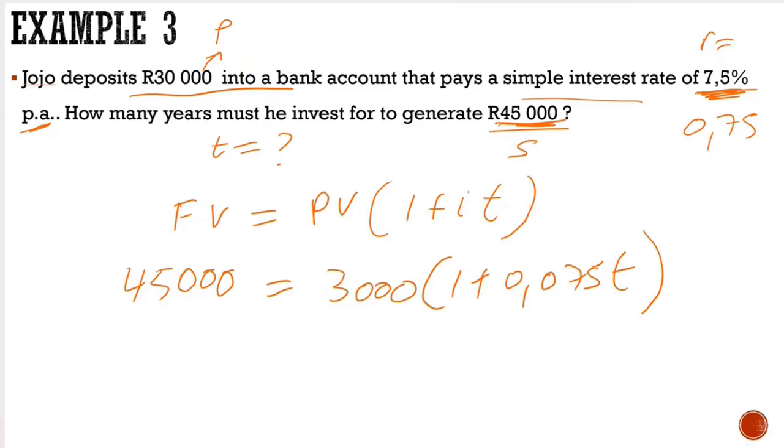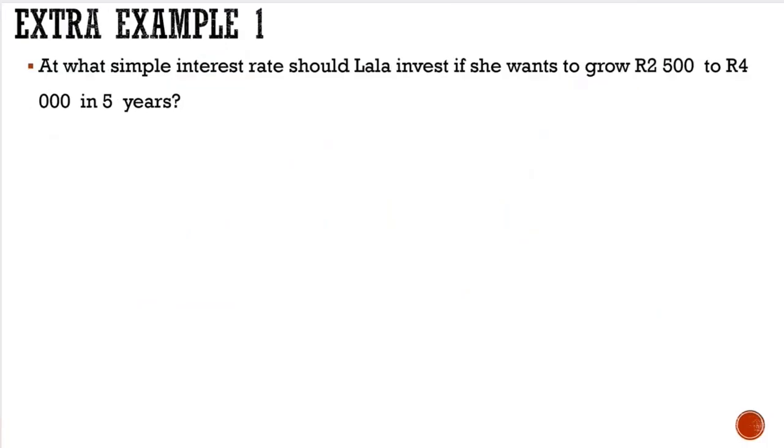I'm not going to do the full sum because I don't want to spend time on simple interest. I want to spend time on discount and compound interest. So here's another one: at what simple interest rate should Lala invest, if she wants to grow 2,000, this is your principal amount, to an accumulated future value in 5 years.